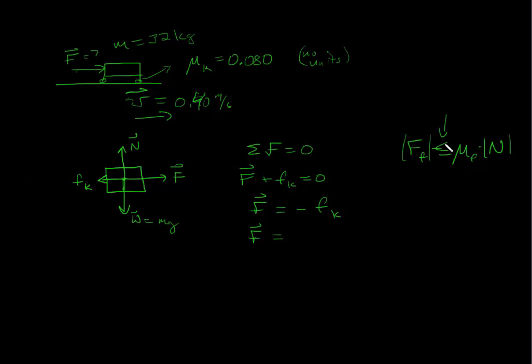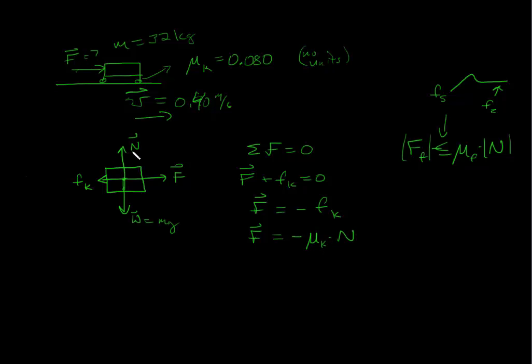Oh, by the way, this is for static. Static friction will go up to a max, and then it breaks free, and then it becomes kinetic. We did this in class, so that'd be kinetic friction. But there's a maximum. Once it hits kinetic, then it's equal to the opposite of the coefficient of kinetic friction times the normal.